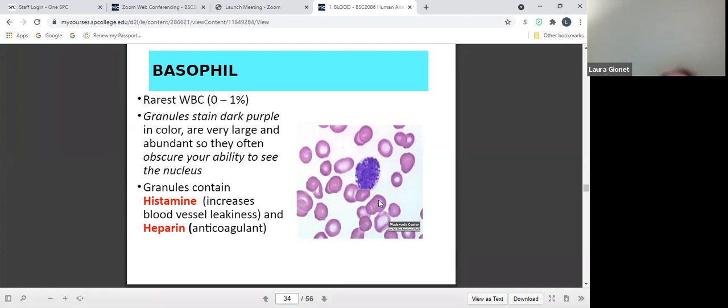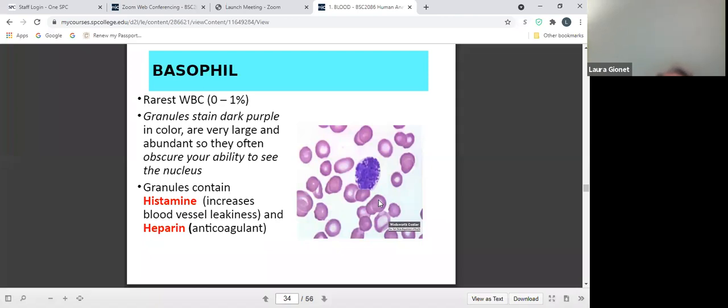They contain granules that contain histamine and heparin. Therefore, you're going to see a lot of these associated with allergies and increasing inflammation. Histamine increases blood vessel leakiness, and heparin acts as an anticoagulant.